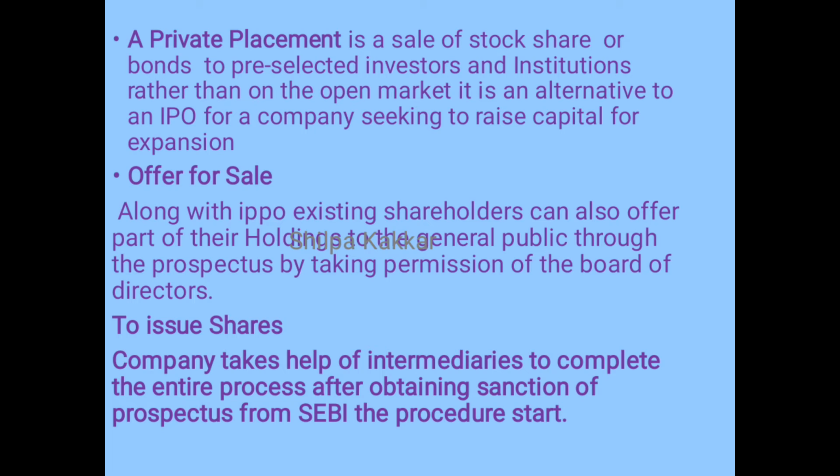To issue shares, the company takes the help of various intermediaries like lead manager, registrar, transfer agent, bankers to the issue, underwriters, depositories, credit rating agency, stock exchange, etc. These are the intermediaries whose help a company takes to complete the entire process of a public issue.